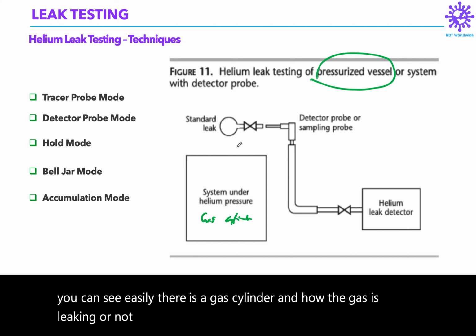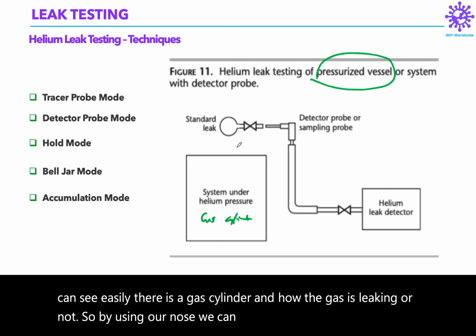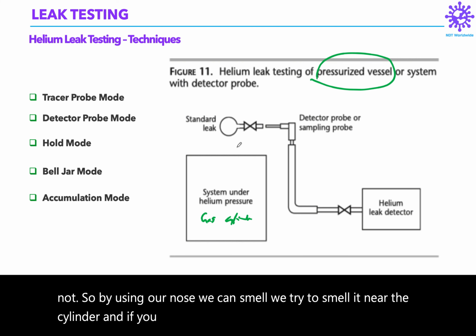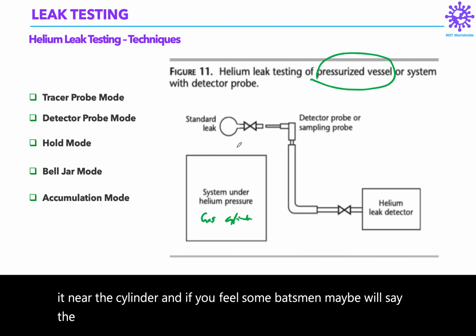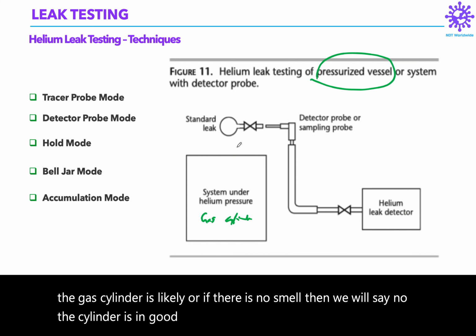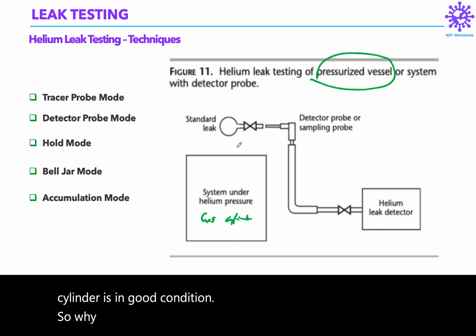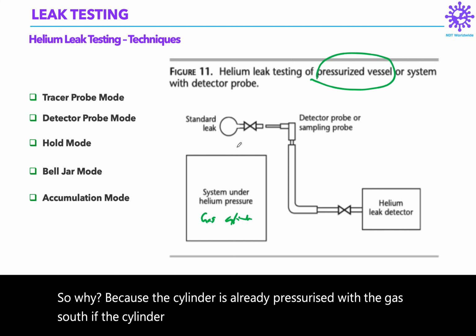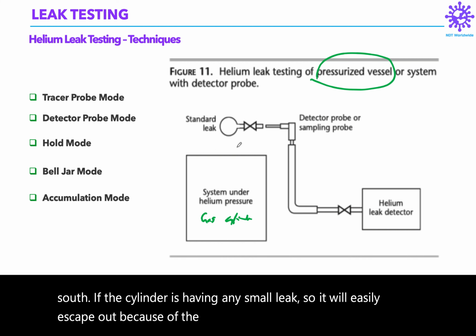By using our nose, we try to smell near the cylinder, and if you feel some bad smell, maybe we'll say the gas cylinder is leaking, or if there is no smell, then we'll say no, the cylinder is in good condition. Why? Because the cylinder is already pressurized with the gas. So if the cylinder has any small leak, the gas will easily escape out because of the pressure differential.